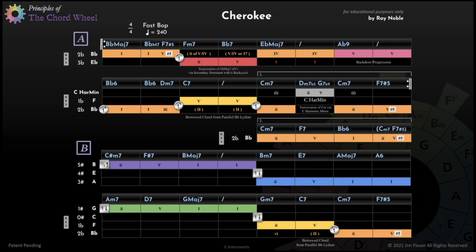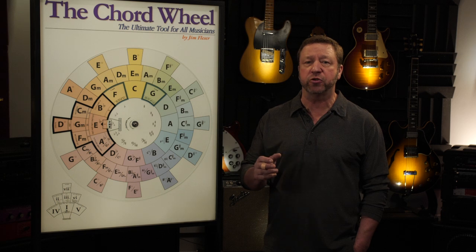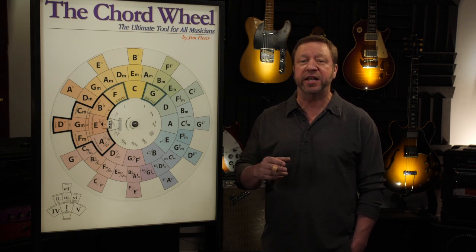So here's Cherokee again. The 2-5-1 in C minor 7, as we talked about, that C minor 7 has parentheses around the 1. Why? Because C minor 7 is not a chord that's diatonic to either the C harmonic minor or the C melodic minor. In compositions, you'll often see minor chords tonicized by a 2-5 in harmonic minor.